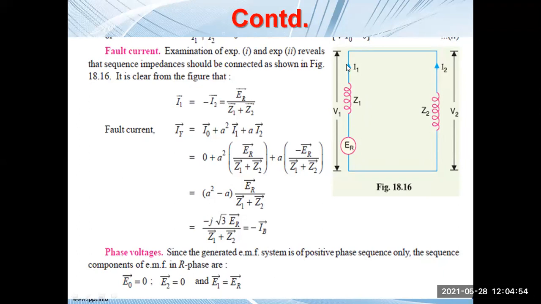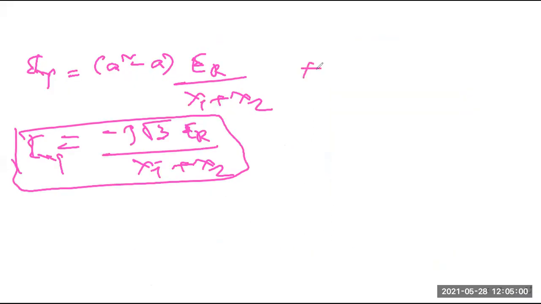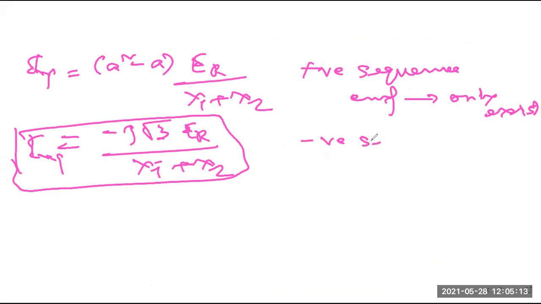I will write on the board so that you can remember later also. Only the positive sequence exists in EMF. There is no negative sequence EMF and zero sequence EMF. This is always true.